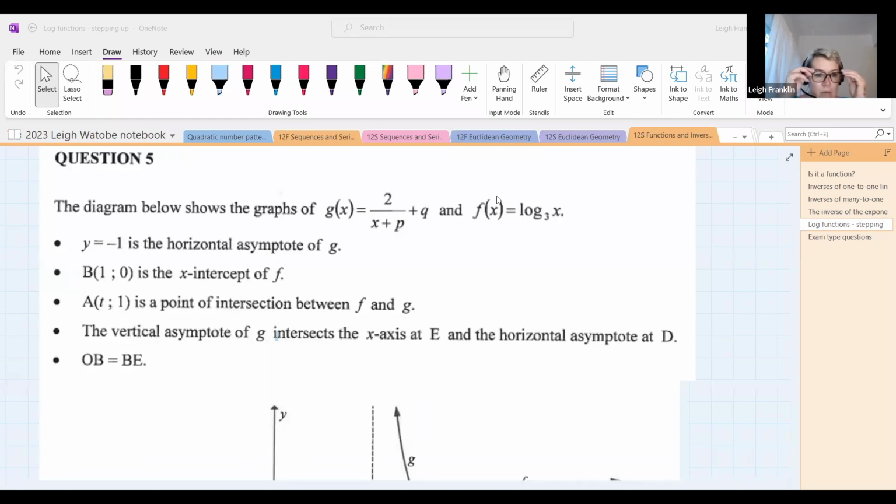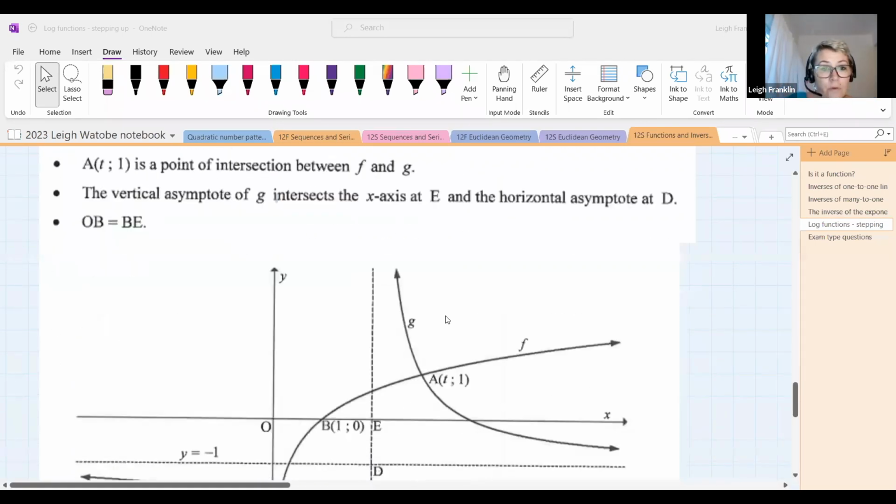They tell us that y equals minus 1 is the horizontal asymptote of g. They tell us that the point B, which has the coordinates 1 and 0, is the x-intercept of f. They also tell us that a point, t and 1, is the point of intersection between f and g, so they intersect at A. The vertical asymptote of g intersects the x-axis at E and the horizontal asymptote at D. So we'll go and have a look at the graph for that.